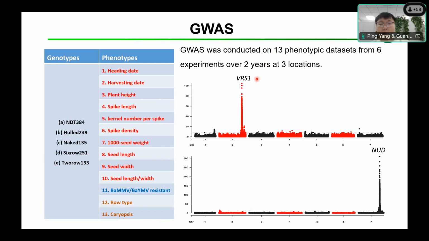From GWAS, a large number of associated loci were identified, and here are the examples of WOS1 and NUD. These 2 examples showed the reliability of our GWAS workflow.